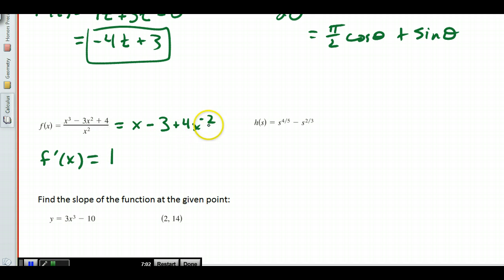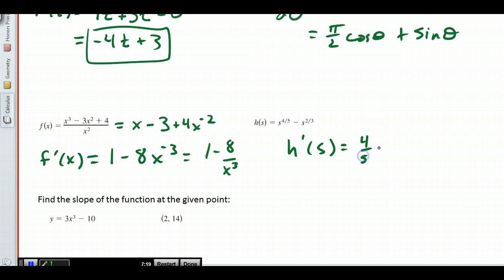And the derivative of 4x to the negative 2 is negative 8x to the negative 3. And you can write that as 1 minus 8 over x cubed if you wish. We've already talked about rational exponents. So h prime of s is 4/5 s to the negative 1/5 minus 2/3 s to the negative 1/3.